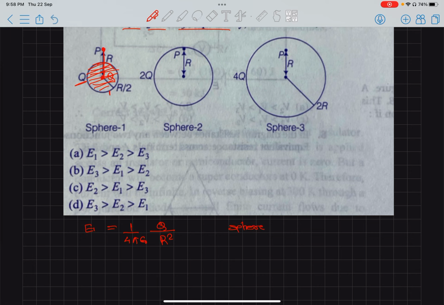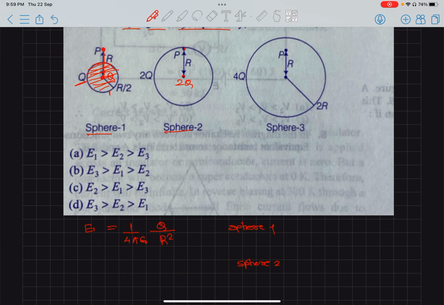Let us move to sphere 2. Sphere 2 also has a point on the periphery of the sphere 2. So the same principle that we applied for sphere 1 will be applied for sphere 2, because we can consider that the total charge distributed throughout the sphere is concentrated at the center as a point charge with a charge magnitude of 2q.